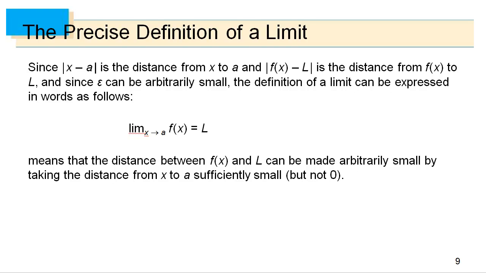Since the absolute value of x minus a is the distance from x to a, and the absolute value of f of x minus L is just the distance from the function to L, and since epsilon can be any small number you want, the limit as x approaches a of f of x equals L really just means that the distance between the function and L can be made as small as you want by just taking the distance between x and a small enough, right? Sufficiently small. So you can get as close to L as you want by just getting as close to a as is necessary.